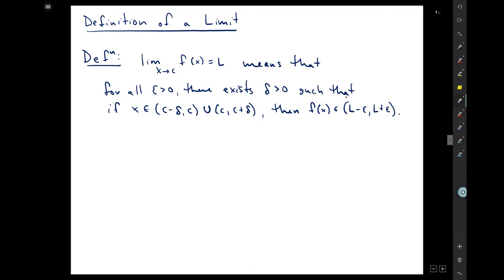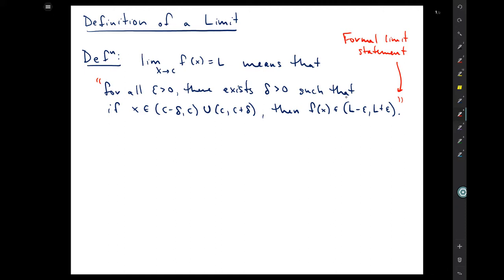So this part right here in quotes, this is what is called a formal limit statement. And basically, it's just what we mean by the limit as x goes to c of f of x equals L.